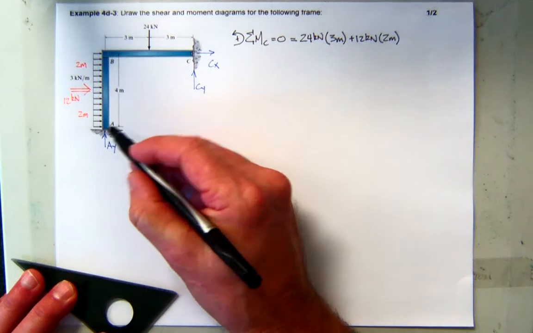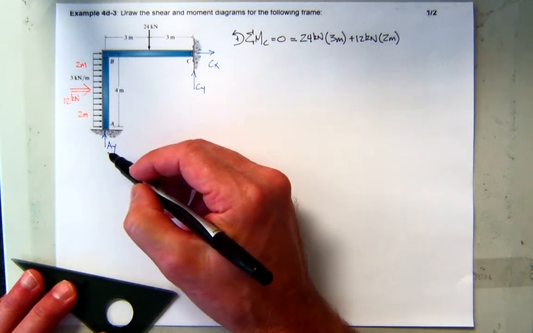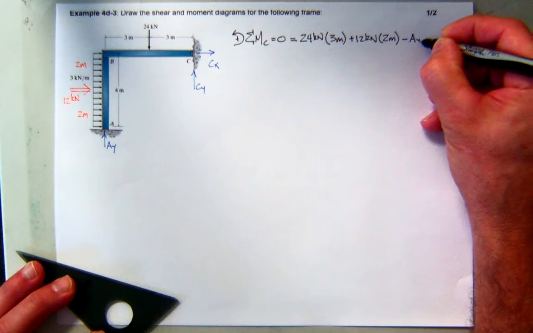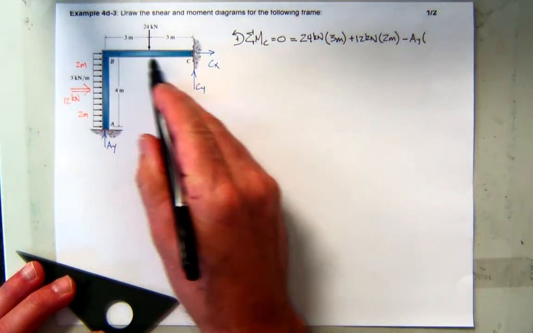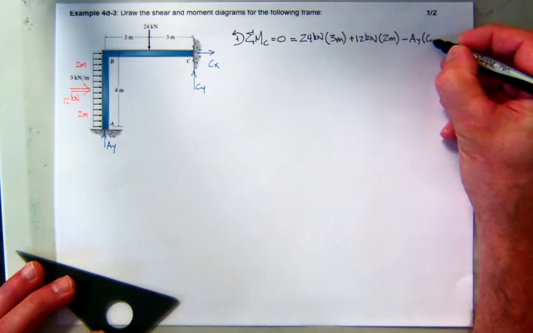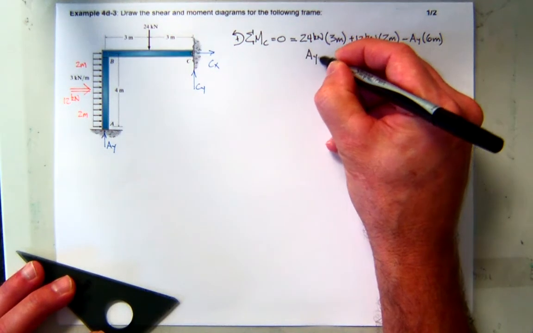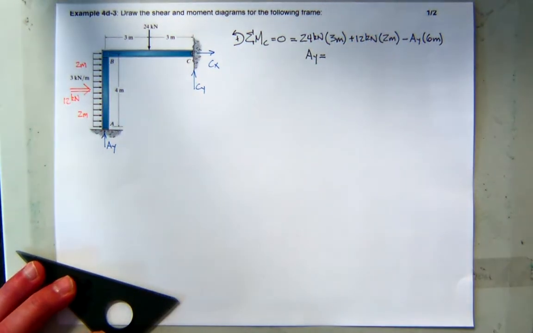Now the moment due to the reaction force AY is going to create negative. So there's the force AY, which we don't know, and its moment arm is this distance, which is 6 meters. So let's solve for AY. 12, 18, I'm guessing.